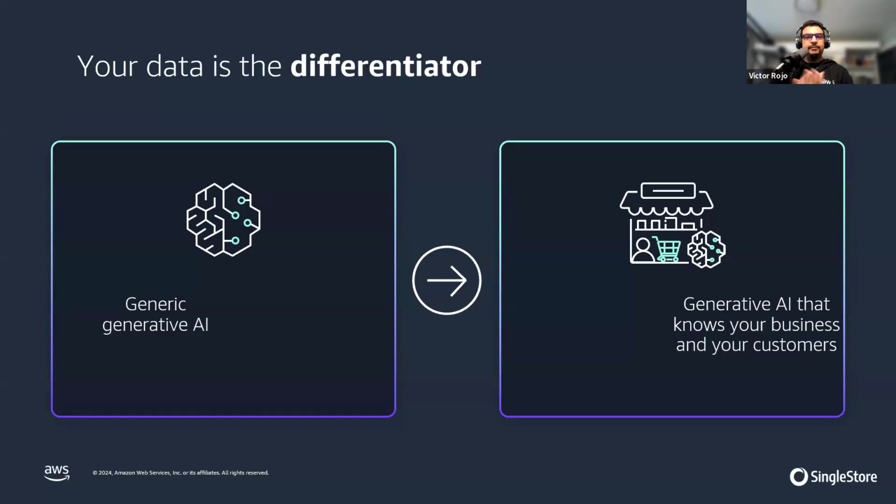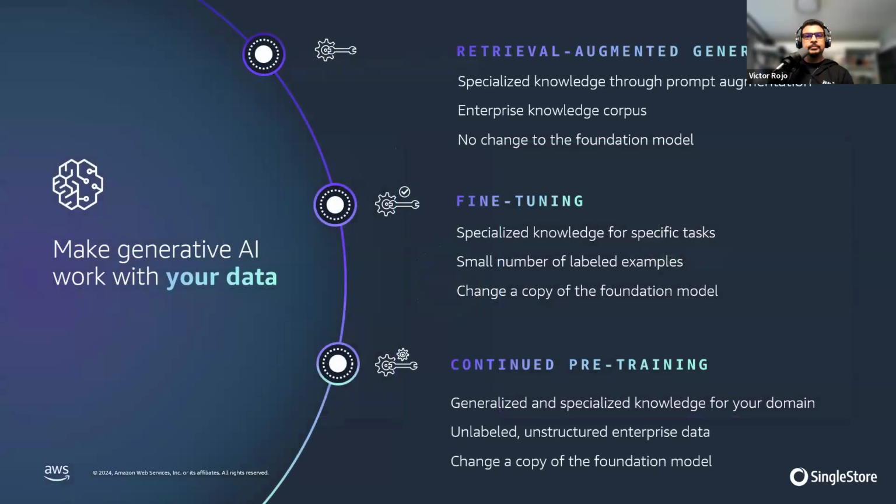And we are also seeing a trend of popular application building patterns that AWS customers are using to build generative applications. And let me show you how these patterns are and how they leverage your own data. These patterns or techniques for optimizing generative AI outputs with your own data are important because you will need to identify which one is right for you and your use case.